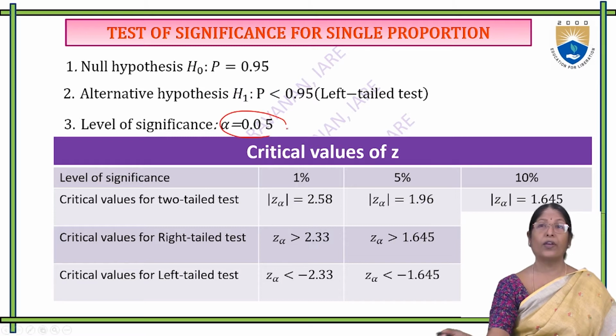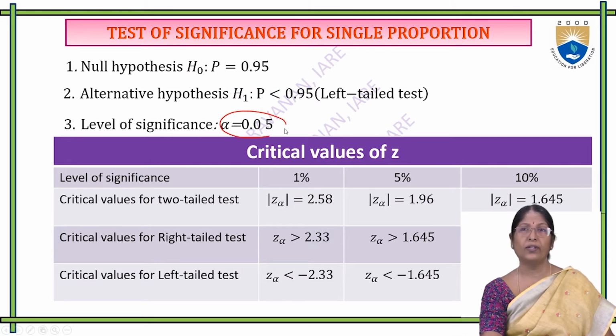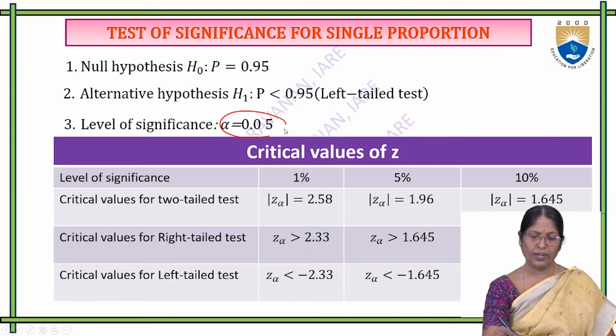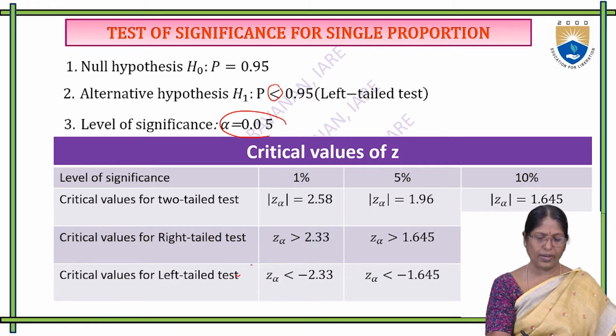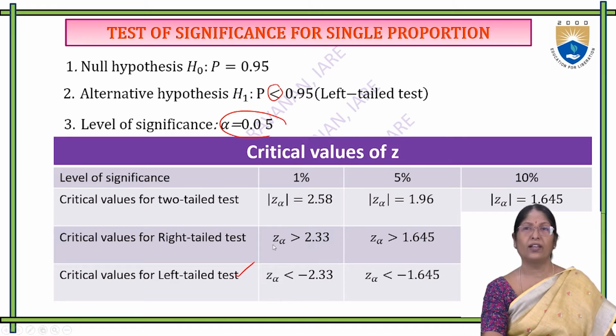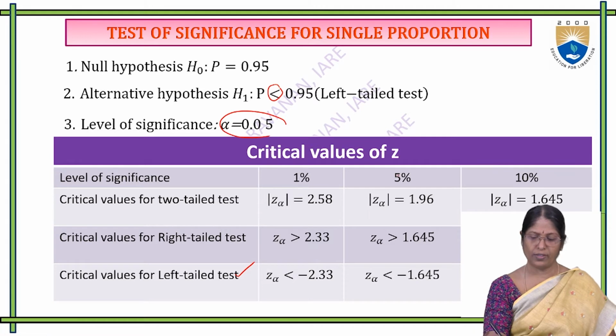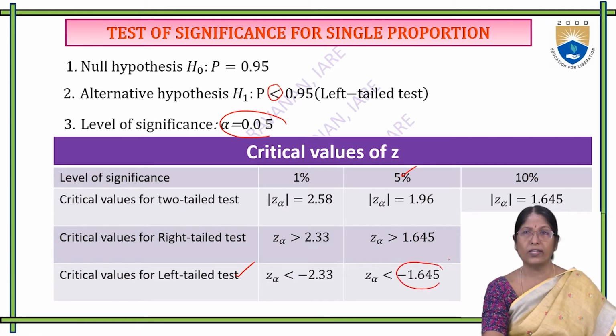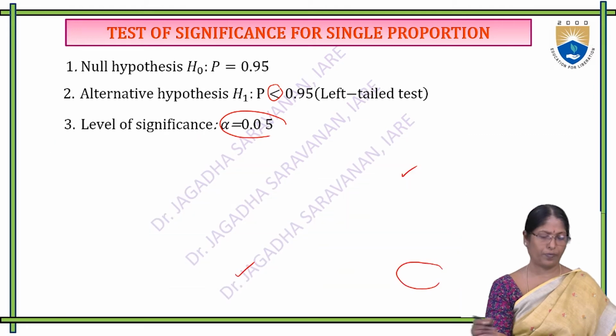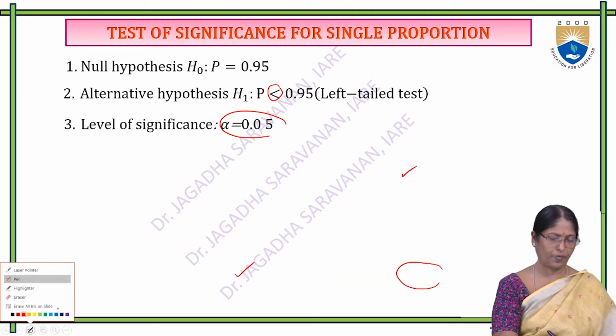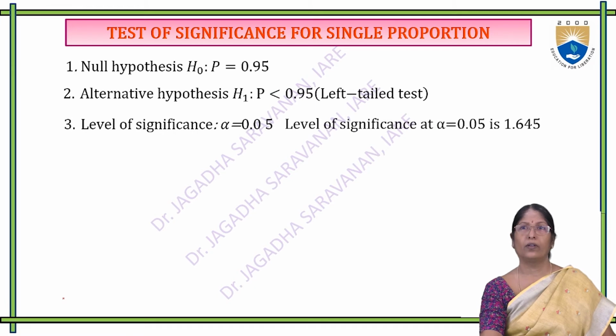Thus, alpha equal to 0.05 is the level of significance. Here less than is there, so we selected the left tail and 5%. Here the value is minus 1.645. So the level of significance at alpha equals 0.05 is 1.645.